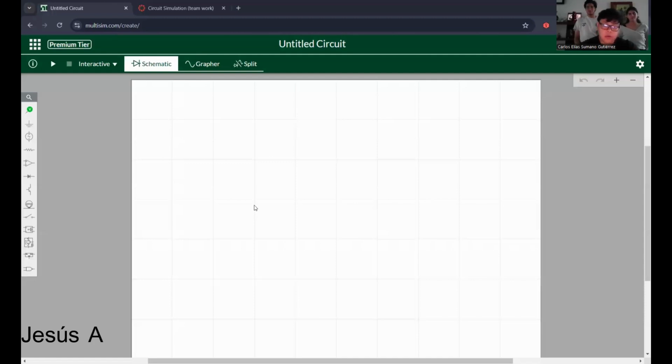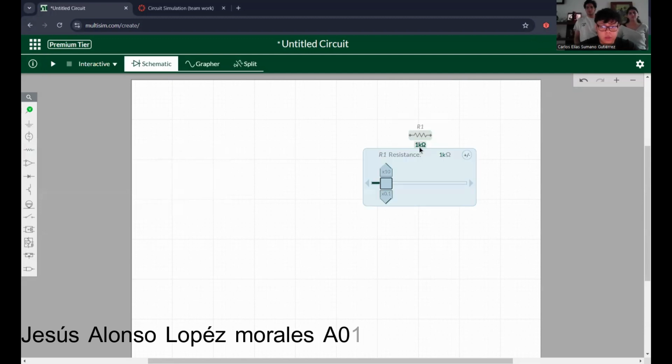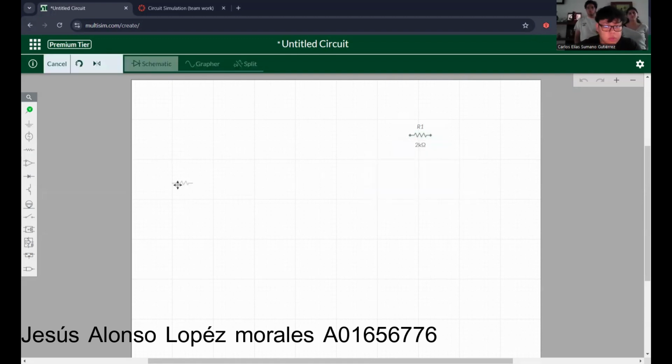Now, for the second circuit, let's begin with the resistors again. Resistor number 1 is about 2K. Resistor number 2 is 2K again.